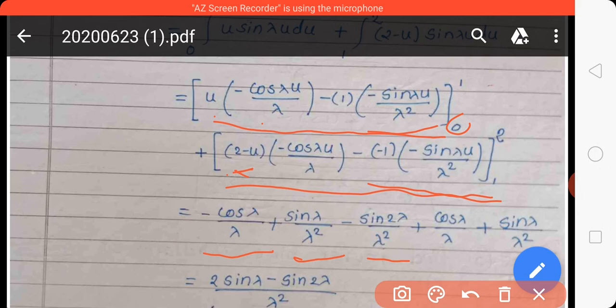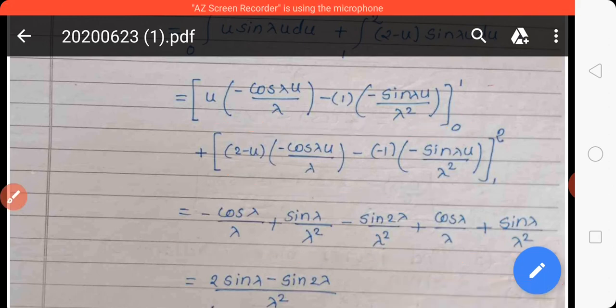If we put the lower limit 1, then here we got the term 2 minus 1 is 1 into minus cos lambda upon lambda. That is, we got the term cos lambda upon lambda, and put the 1 in the last term. Then we got sine lambda upon lambda square.